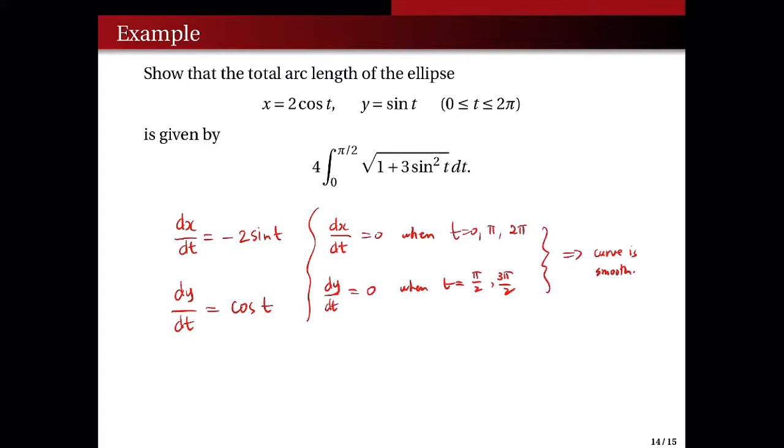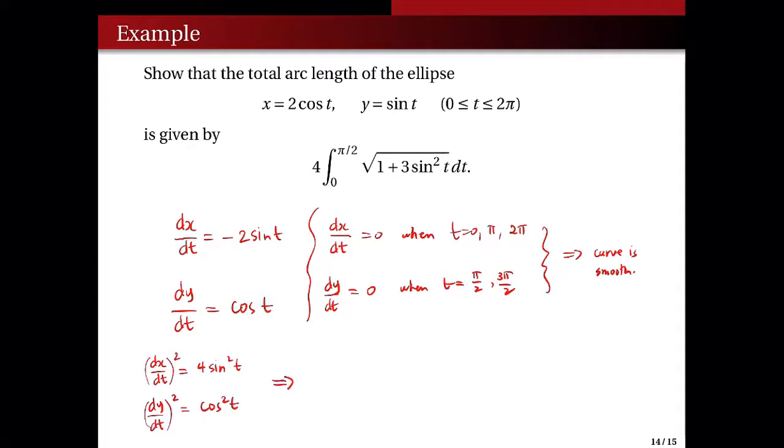Okay, so from here, what do we have? dx over dt squared is just 4 sine squared t, and dy over dt, quantity squared, is just cosine squared t.